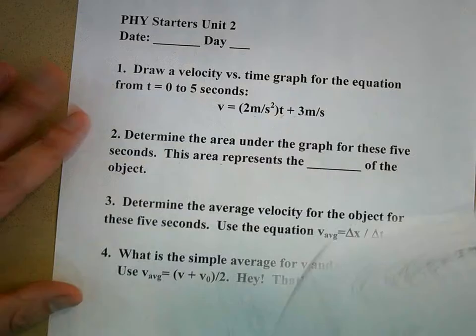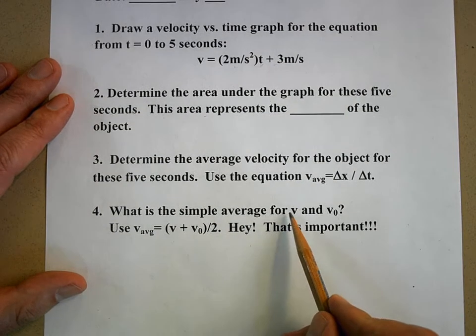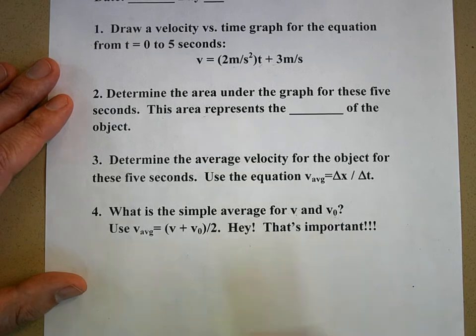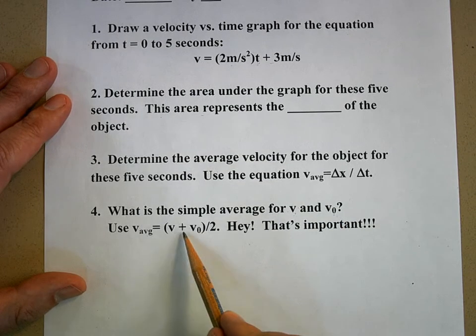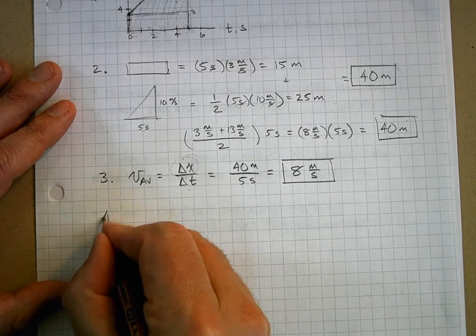Now let's take a look at number 4. What is the simple average between the final velocity and the initial velocity? Use average velocity equals v plus v naught divided by 2. Now let's take a look at this.